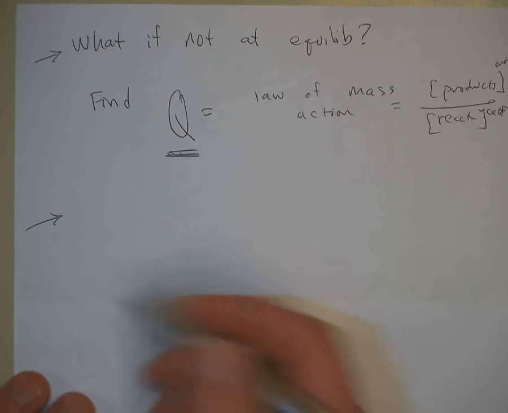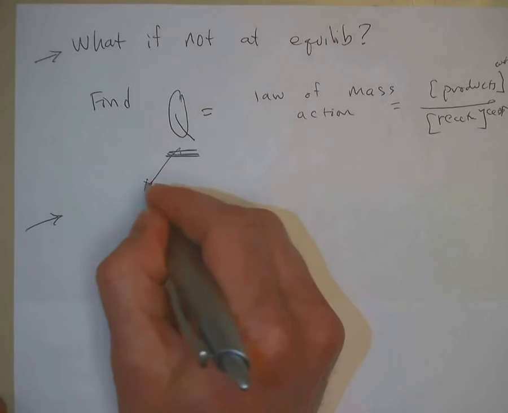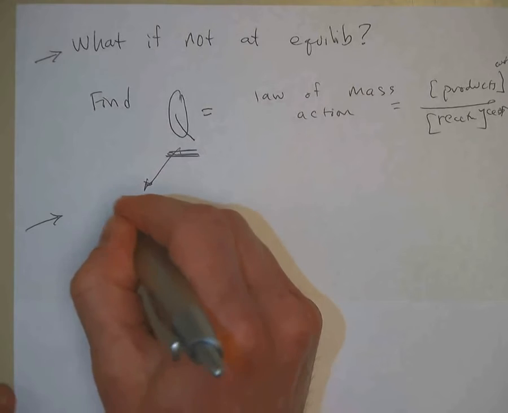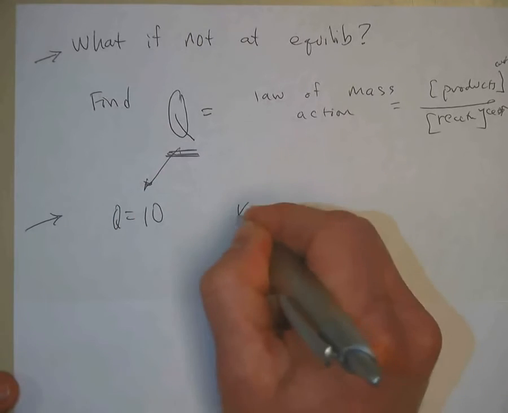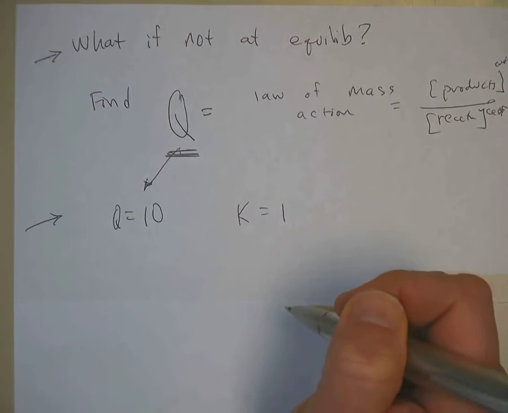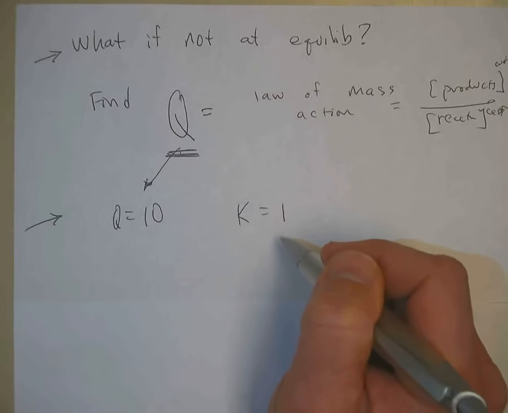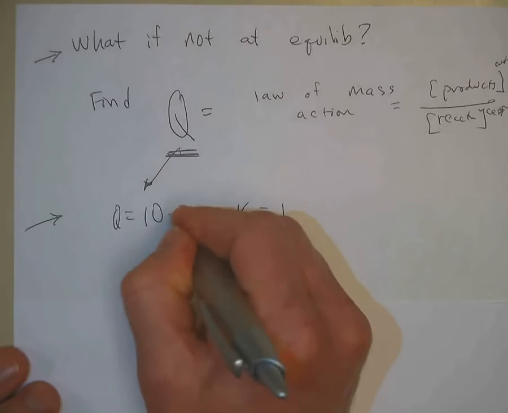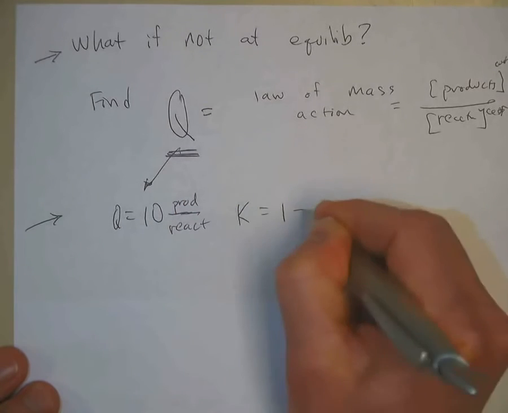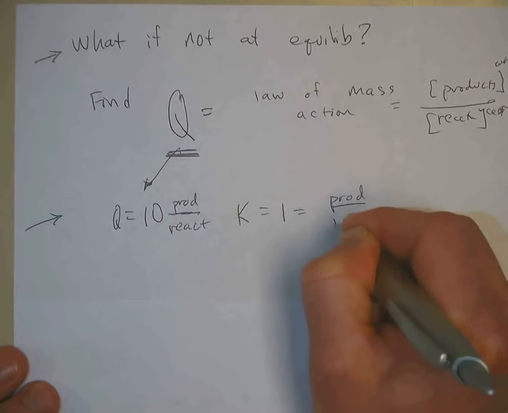So for example, if I had certain numbers and Q ended up equaling 10, but I knew that K was equaling 1, the question would probably ask me, what do I have to do to achieve equilibrium? Well, remember that Q is equal to products divided by reactants. Same thing with K, products divided by reactants.